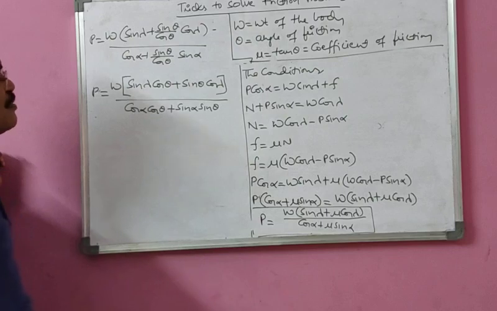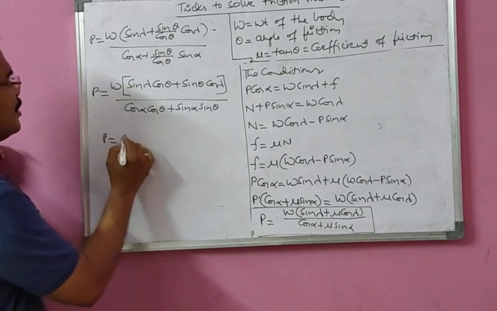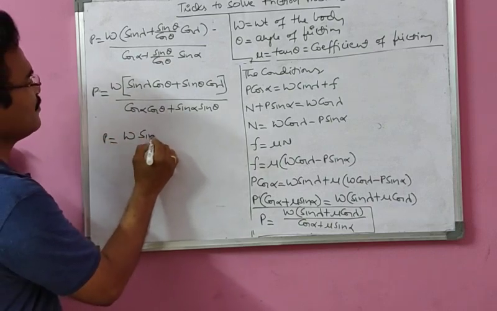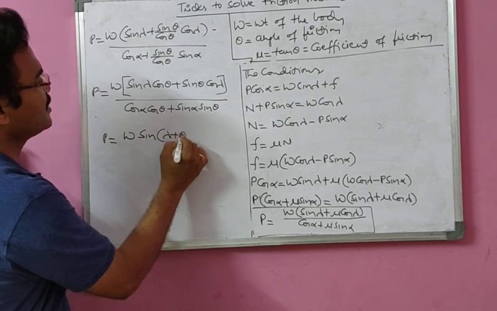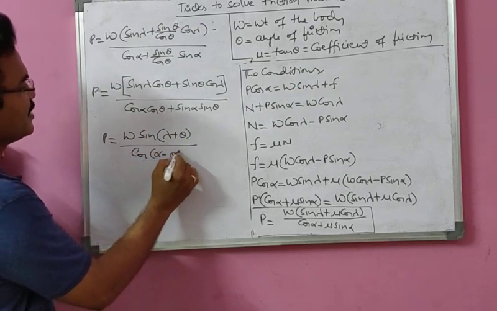This is the expansion of sin (a plus b), and this is the expansion of cos (a minus b). Therefore P equal to W sin (lambda plus theta) divided by cos (alpha minus theta).